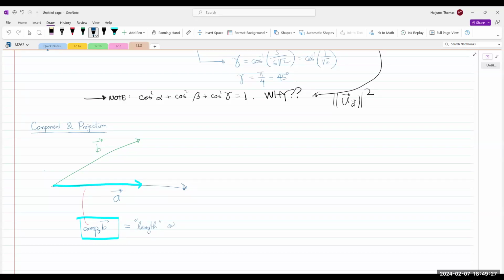That's the length of that vector, which we will call the component of vector B onto vector A. Now, the vector that I highlight is called the projection of vector B onto vector A. Imagine you take the shadow of vector B on the surface of A.